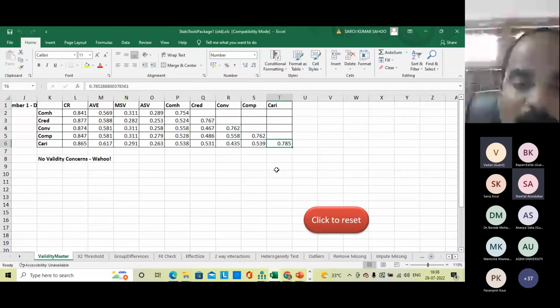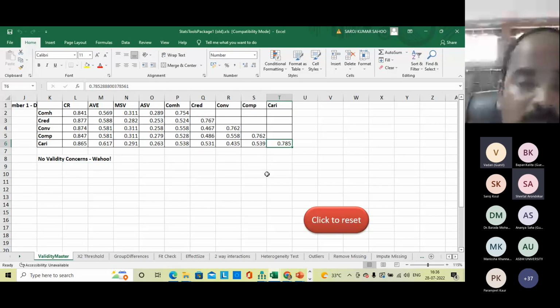These are all diagonal values, called the square root of AVE. The square root of AVE must be more than the interconstruct correlations, or you can say the interconstruct correlations are less than the square root of AVE.